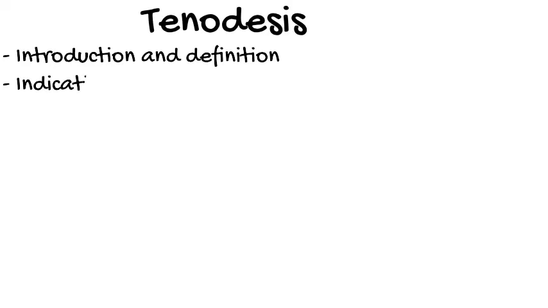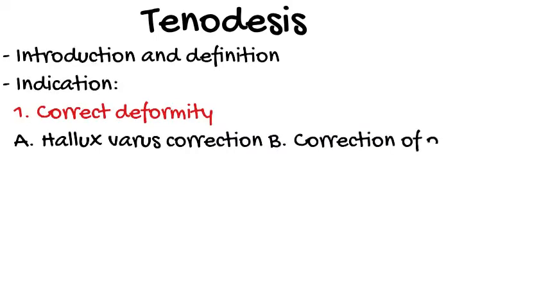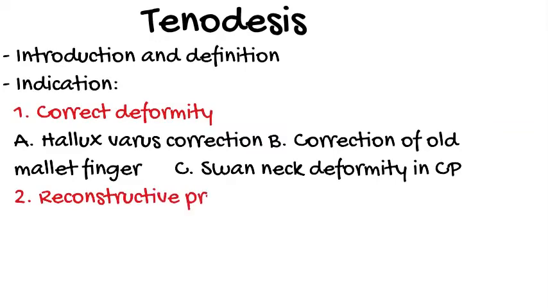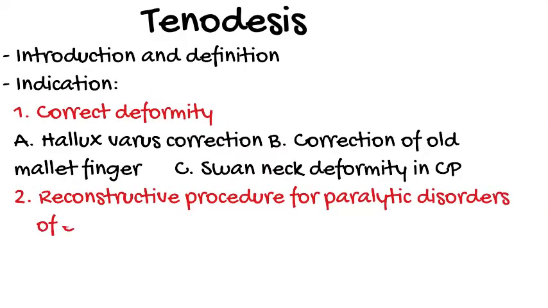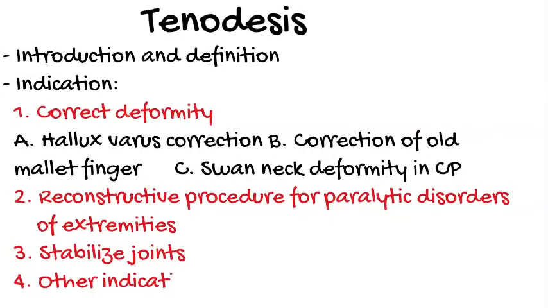Today I am going to cover tenodesis. I will start off with an introduction and definition. The indications for tenodesis: 1, to correct deformity. This includes A. Hallux varus correction, B. Correction of mallet finger, C. Swan neck deformity in cerebral palsy.